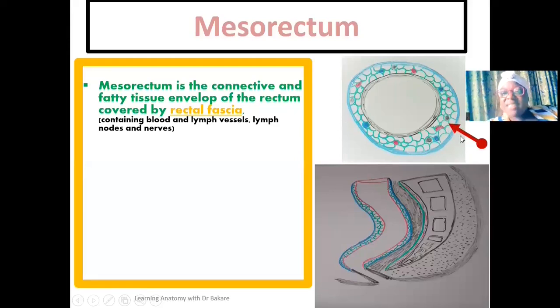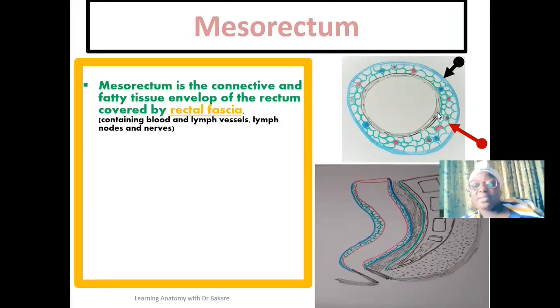So outside this fatty tissue, we now have the rectal fascia that is arrowed in black. So you can see that the rectum on the inside is padded by connective and fatty tissue, which are embedded with vessels. And this is then further enclosed with a fascia that is called the rectal fascia. And this kind of configuration is what the surgeon sees as mesentery, and that is why it is referred to as the mesorectum.